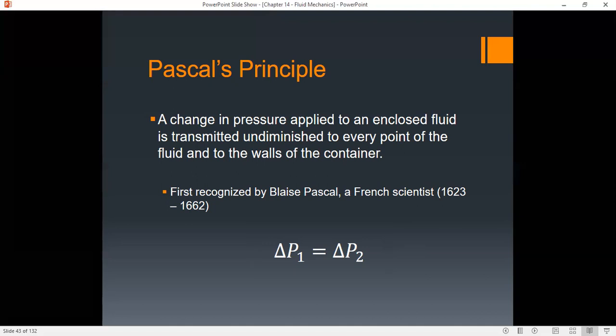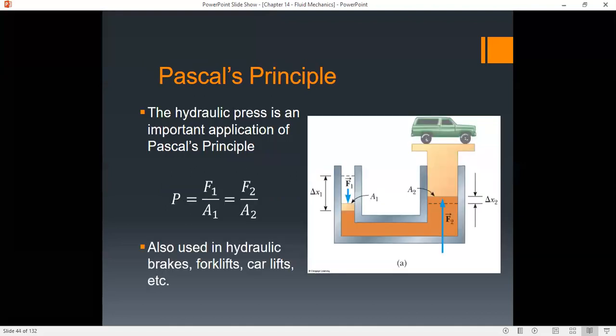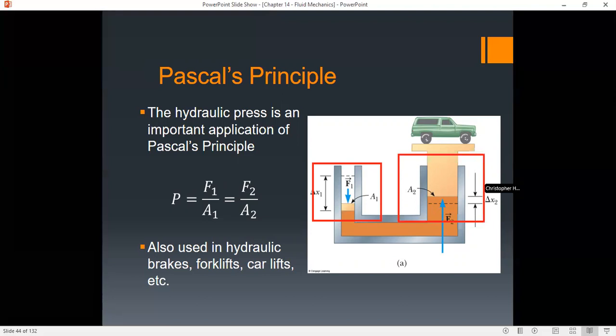Now, this is very convenient because it's a basic principle behind hydraulics. It means that if I increase the pressure using a small pump at one end of a hydraulic system, I will experience the same pressure change at the other end. But here's the key.